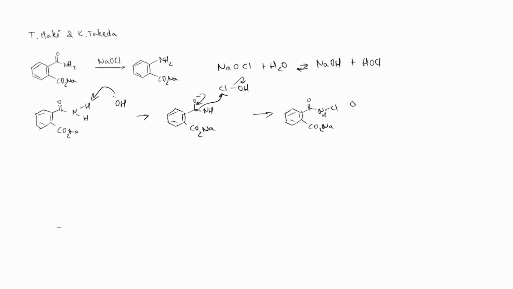The deprotonation occurs once more. And this enolate type intermediate, or as I would say, resonance structure, is yielded.